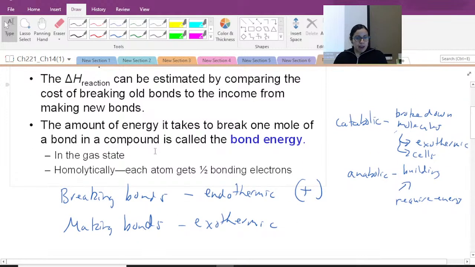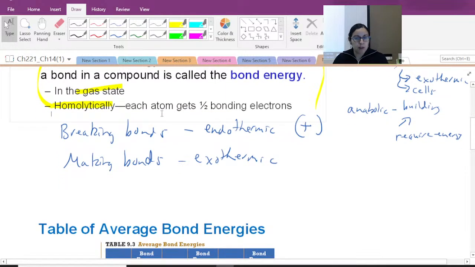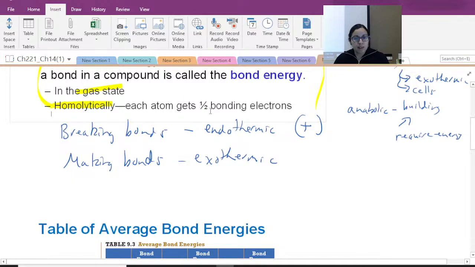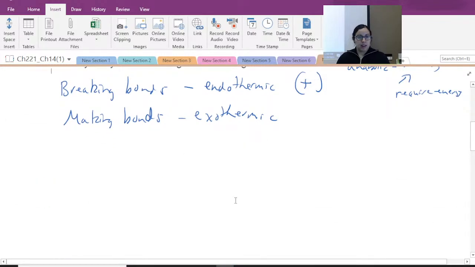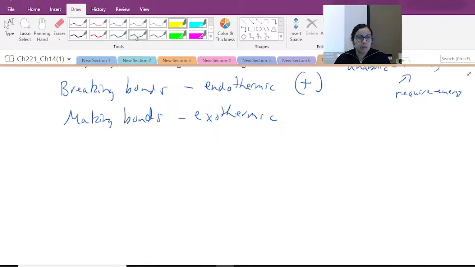And so looking at this, other requirements and the standard state: bond breaking and bond making is in the gas state, and then we have this homolytic concept. That's homolytic cleavage, where each atom gets half of the bond, and we should define homolytic versus heterolytic.